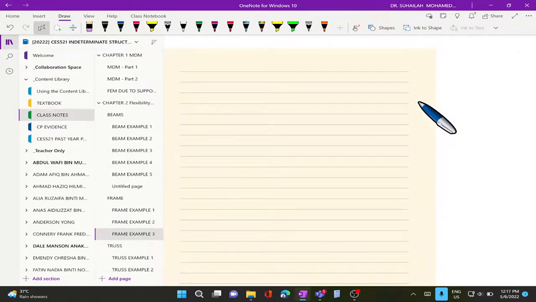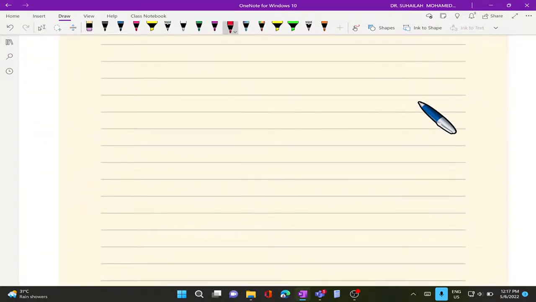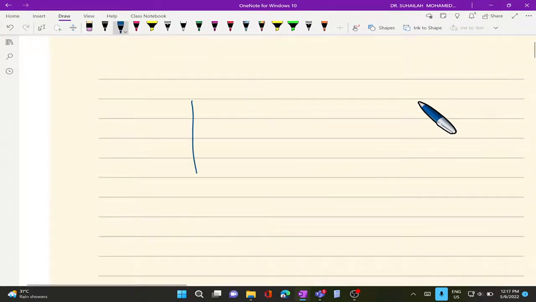You can also consider a frame with two redundants. Let's say we have this, and I just want to highlight the procedure. This one is fixed, this one is pin. I have here a point load.